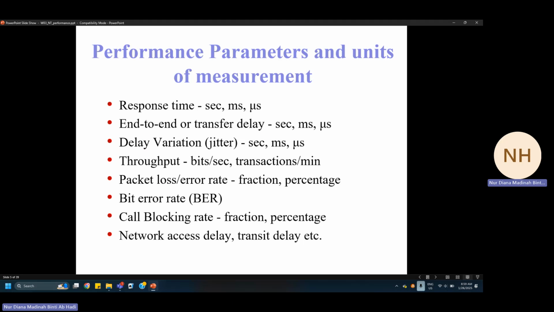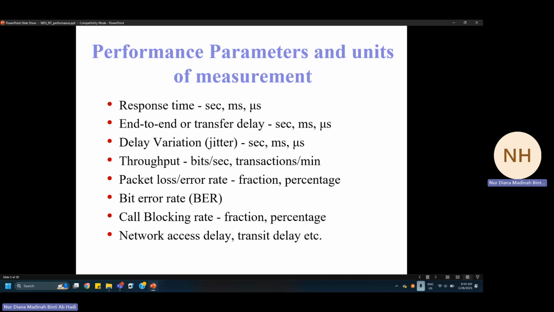Now, performance parameters and units. These are things you need to understand when it includes time, for example your response times, your end-to-end or transfer delay, your delay variations. These require timing measurements, which are in seconds, microseconds, and milliseconds.